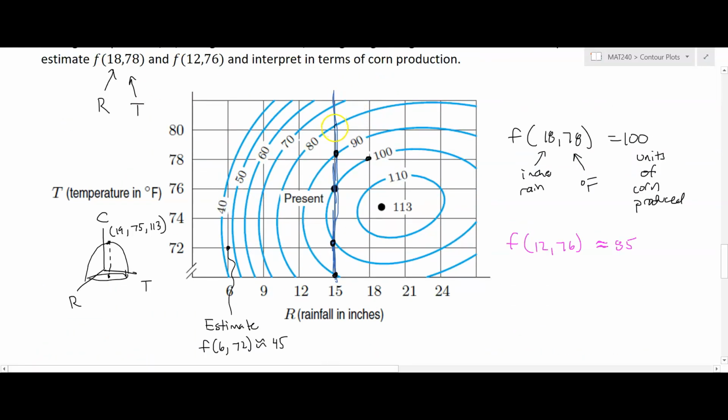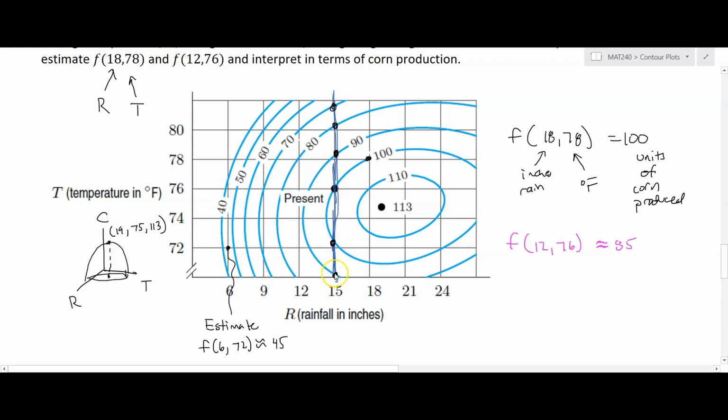And here is another one and another one there. This allows me to gather ordered pairs. All of these 6 points fall on 15 inches of rain. The only thing that's different about these points is how much temperature there is and what the corresponding production is.